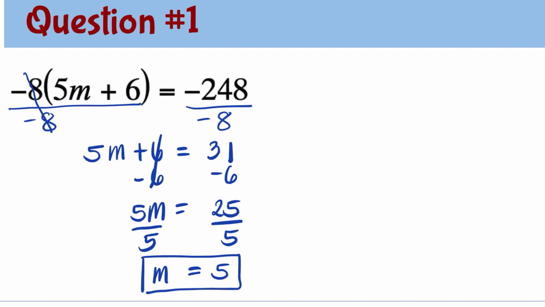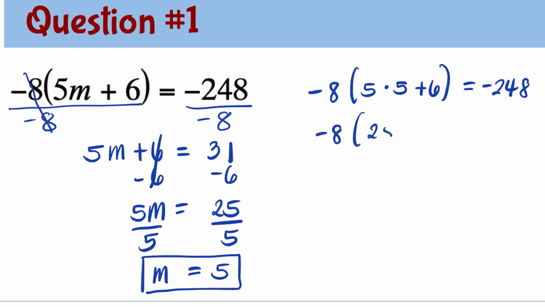Let's check our answer. Let's plug m is 5 back into the equation. We have negative 8 times 5 times the m value, which is 5, plus 6, is it equal to negative 248. Simplifying this, we have negative 8 times 25 plus 6.